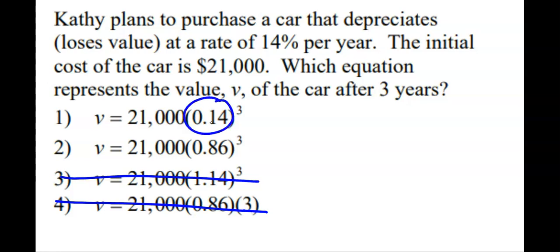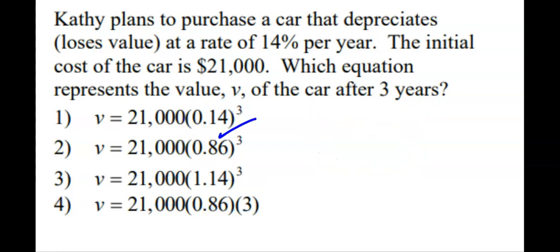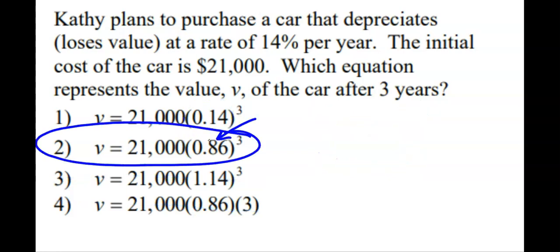Now the question is, what should my base value be? Now remember, in the other formula we had a 1 in front of that R rate. So we can't just put a 0.14 and not include this 1 value. Because we are depreciating, it is 1 minus 0.14, which is where we're getting this 0.86 value from.